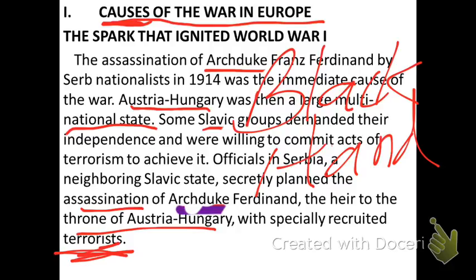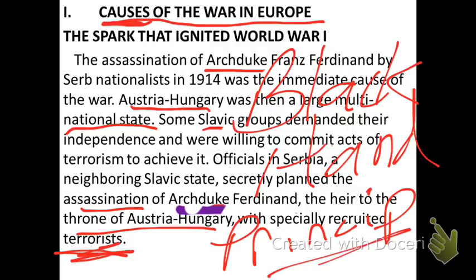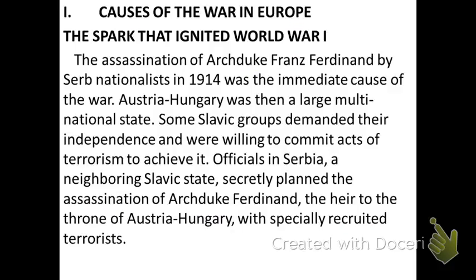A man by the name of Gabriel Princip was the leader of the Black Hand. Okay, so here we have the Archduke.